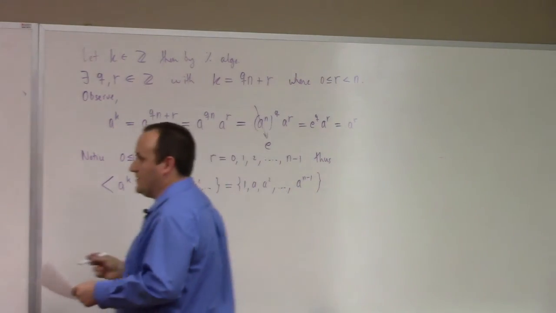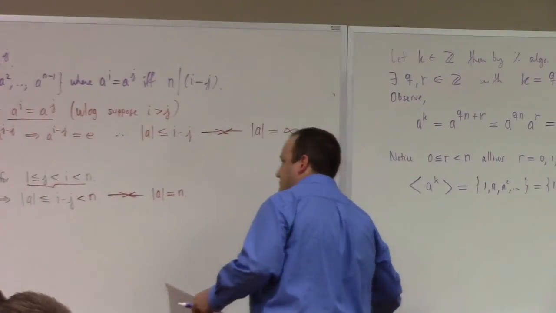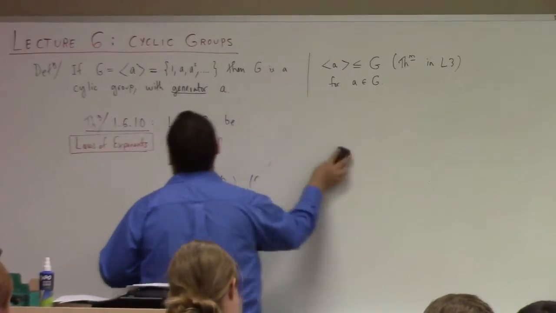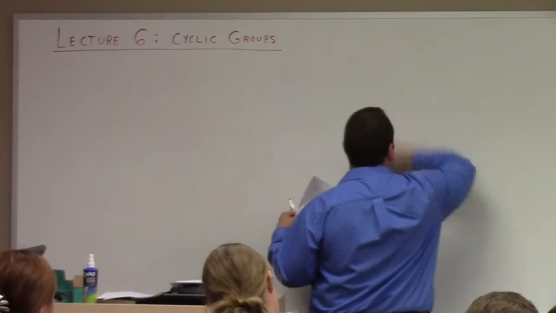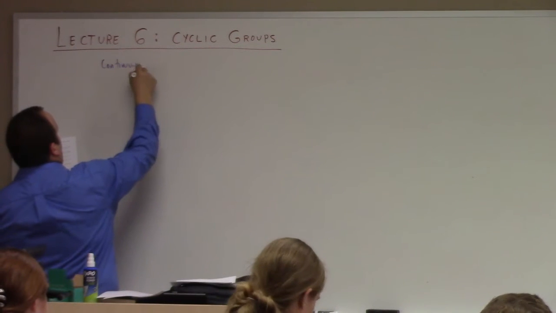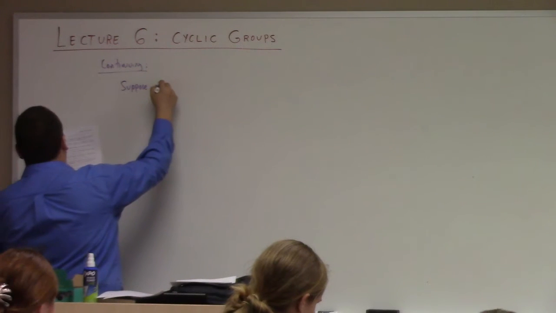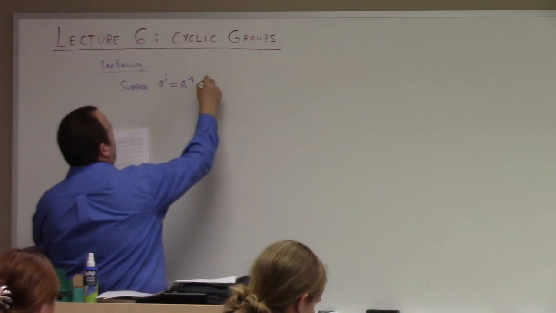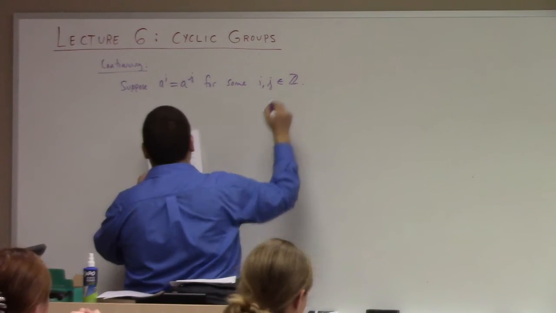All right, so I'm running out of room, I better work over here now. So continuing. Suppose a^i is equal to a^j for some integers i and j. All right.